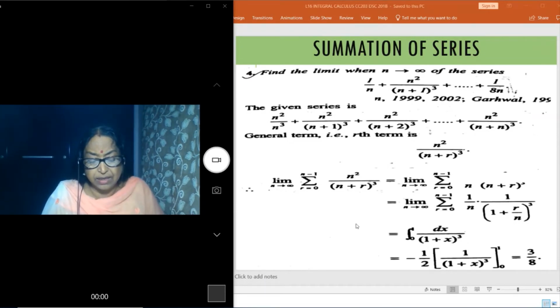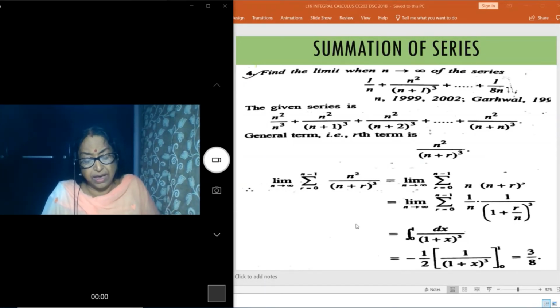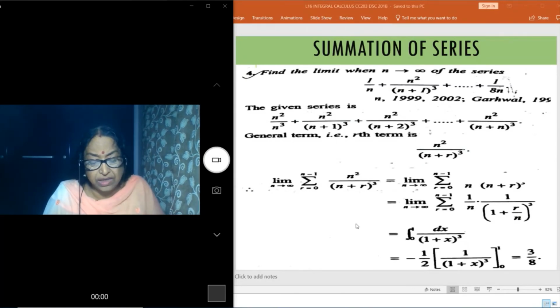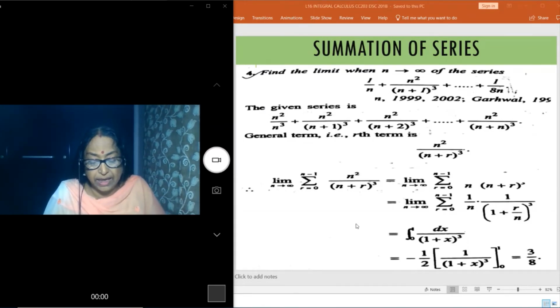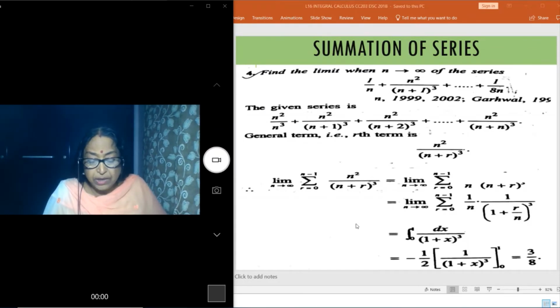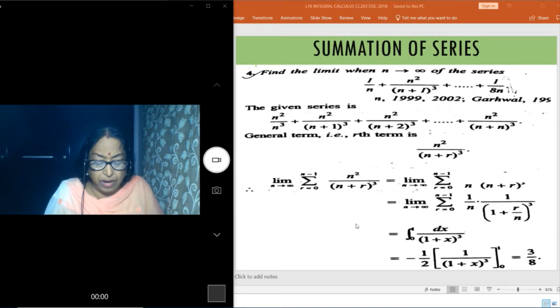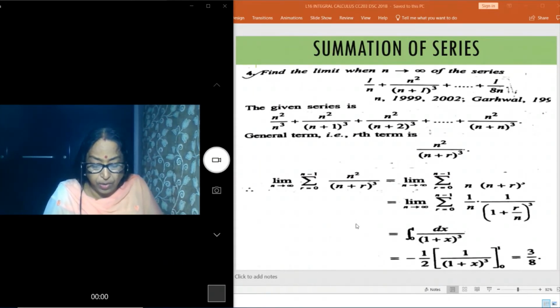See the last term and the first term. Again, I am saying, see the first and the last term, which are multiplied and divided, so that we can get a form. So the general form of the rth term can be written as n square by (n square plus n plus r) whole cube.